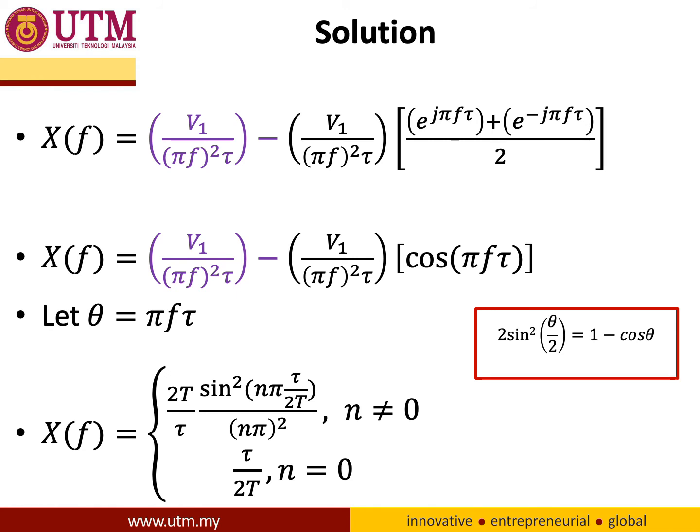And if we look at our equations, the third line can be replaced with a sinc function. Okay, so finally our X(f) equals as shown on the last line of this slide.